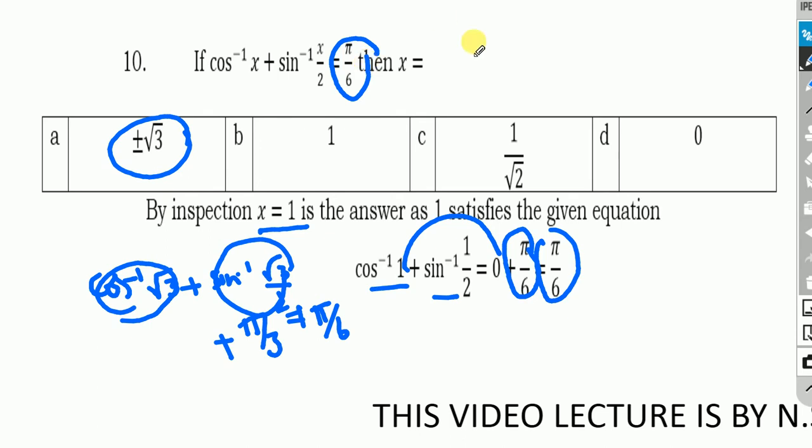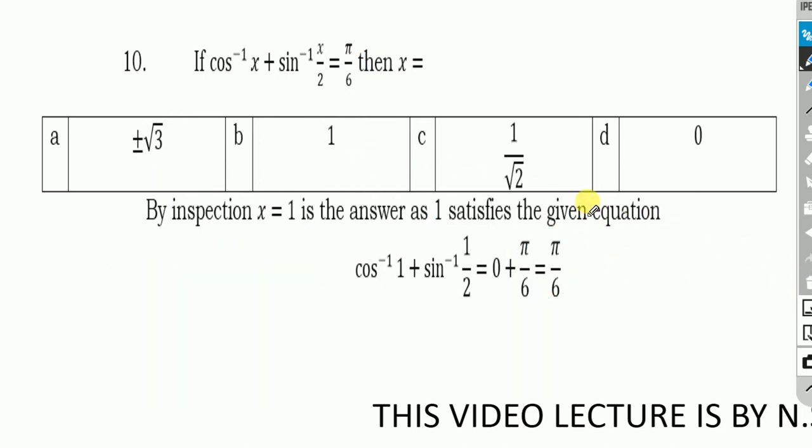So x equals 1 satisfies the given expression. Therefore option B is the right answer, and we need not check option C and option D. Even if you check by substituting x equals 1 by root 2 and 0, you will not get the right hand side, that is you will not get pi by 6.